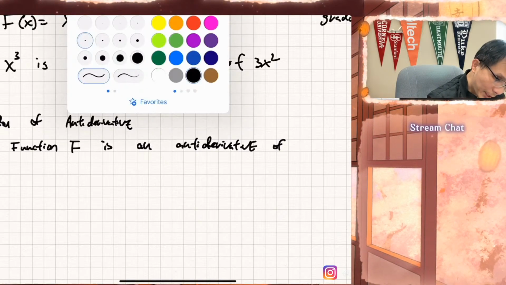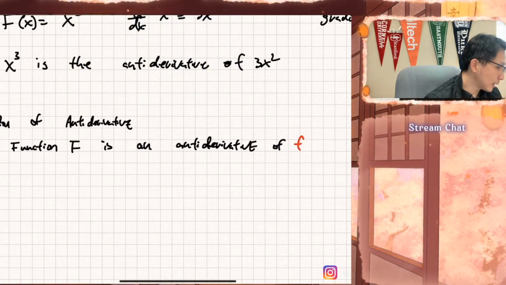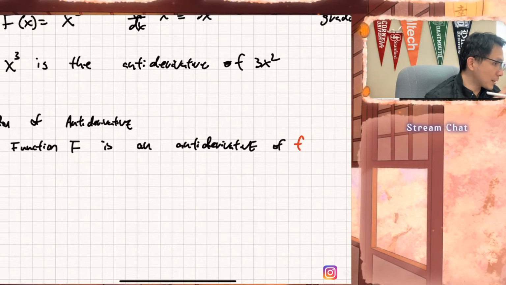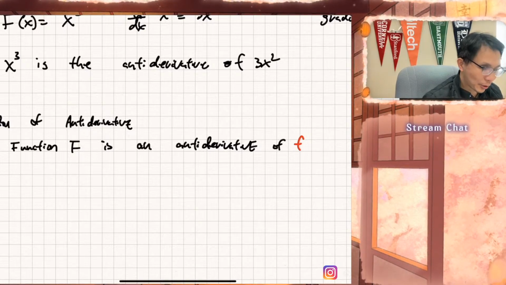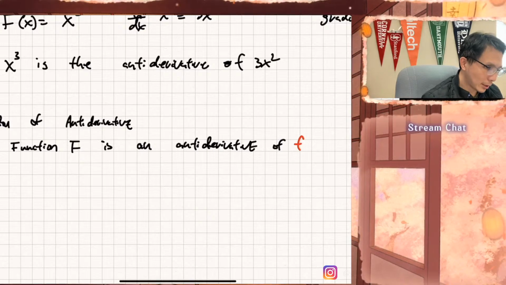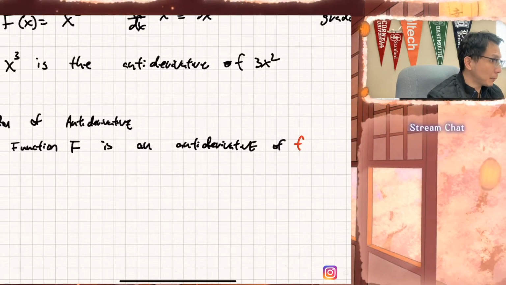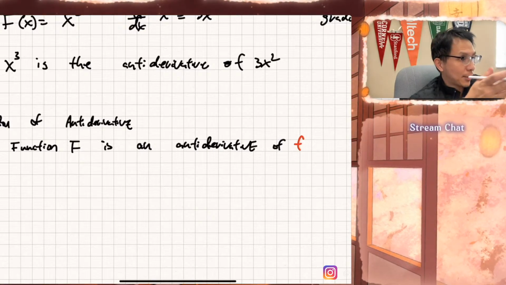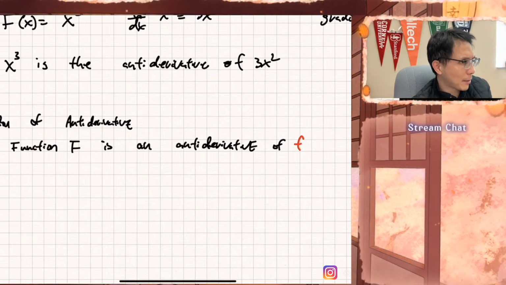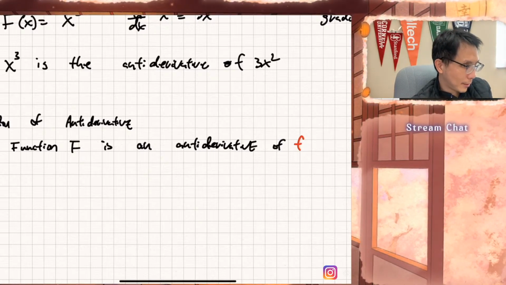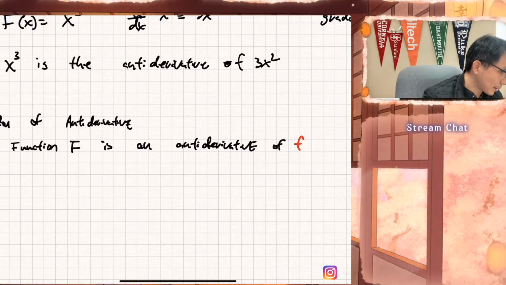This is a red F. See, one is capitalized, one is non-capitalized, so that you can differentiate. If I take the derivative of big F, I get the non-capital f. Does that make sense?